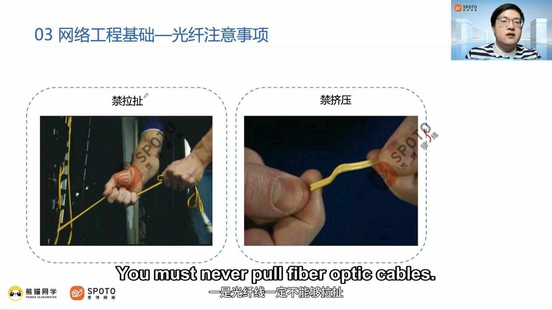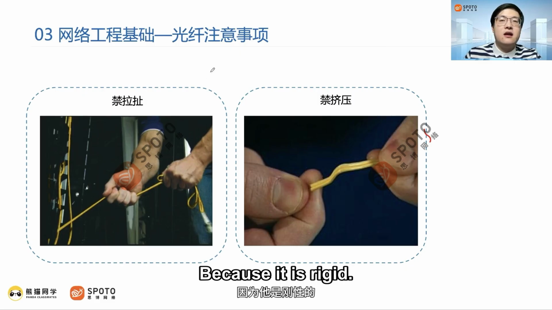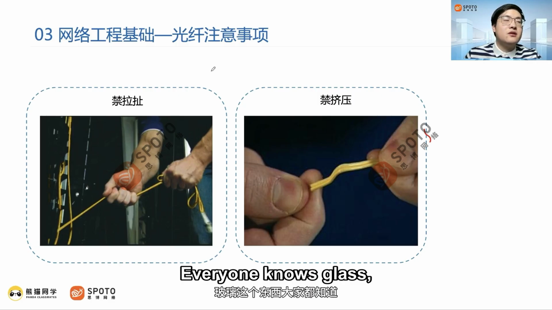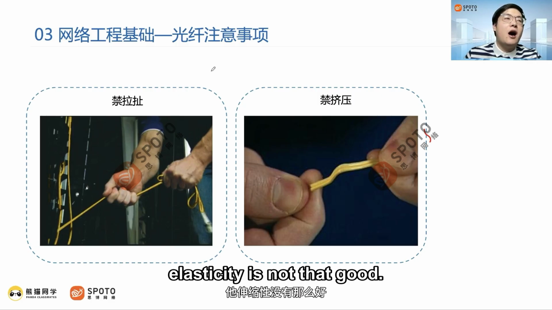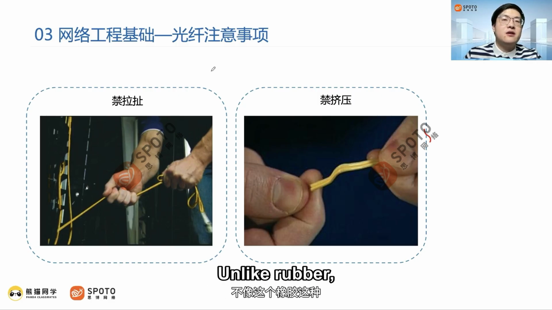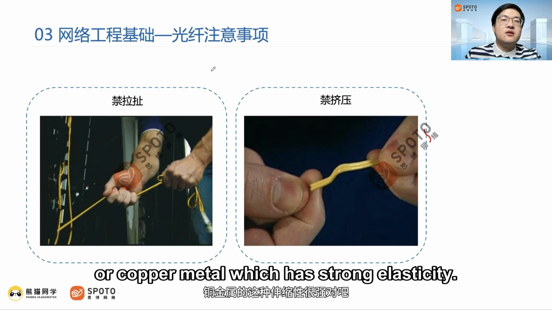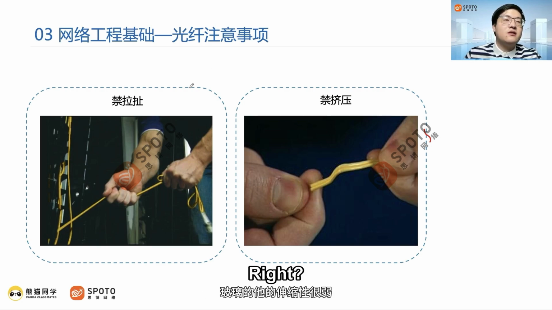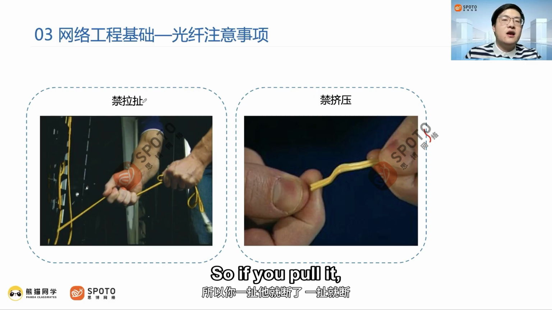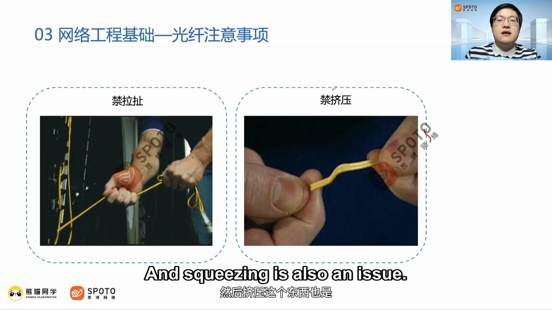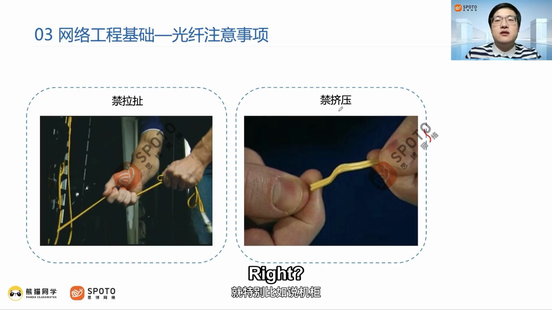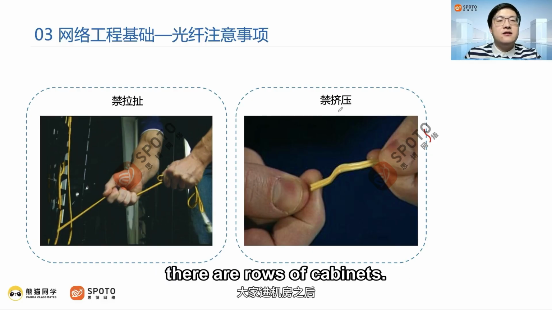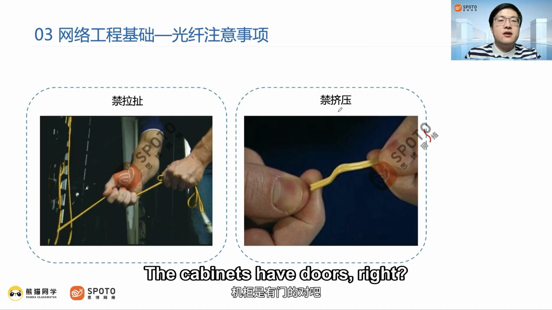You must never pull fiber optic cables, because glass is rigid. Everyone knows glass has weak stretch elasticity, unlike rubber or copper metal, which has strong elasticity. Glass has very weak elasticity, so if you pull it, it will break. Squeezing is also an issue, especially in cabinets with doors.